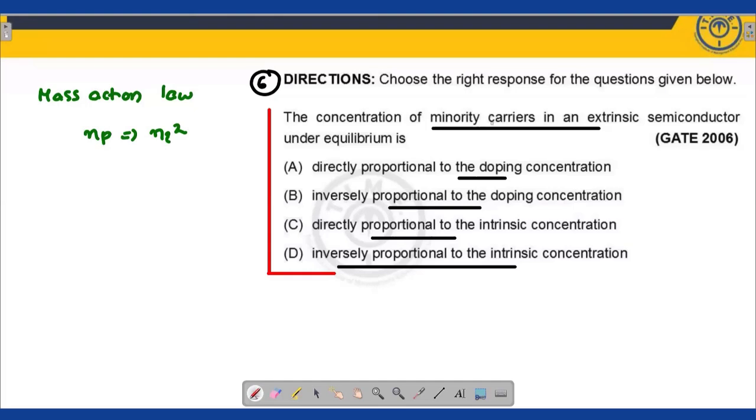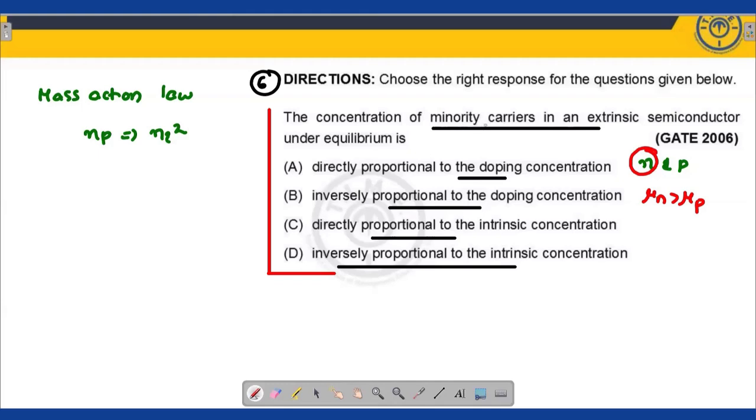The concentration of minority carriers in an extrinsic semiconductor. Generally, are we preferring N-type or P-type semiconductor? Generally, we are going to prefer always an N-type semiconductor because the mobility of electrons is more when compared to the mobility of holes. Always mu n is greater than mu p. Here, he is asking about the minority carriers.